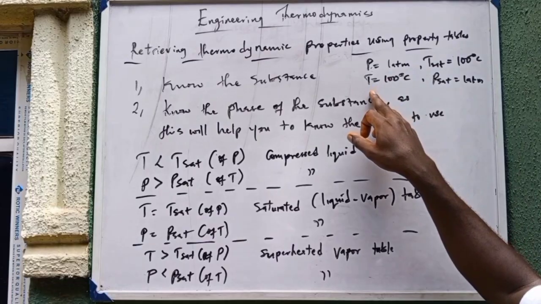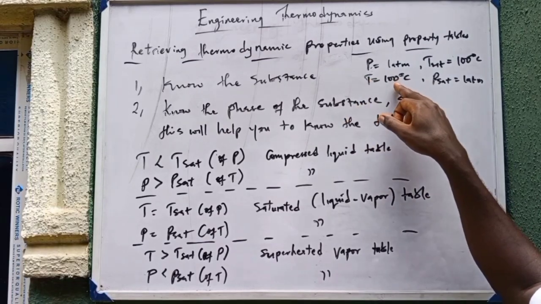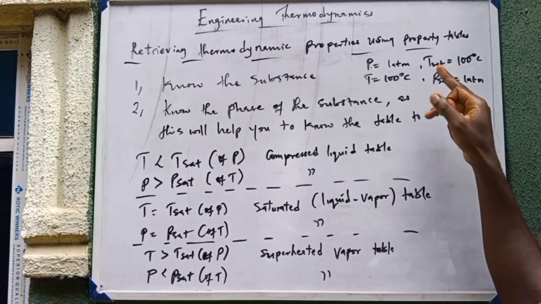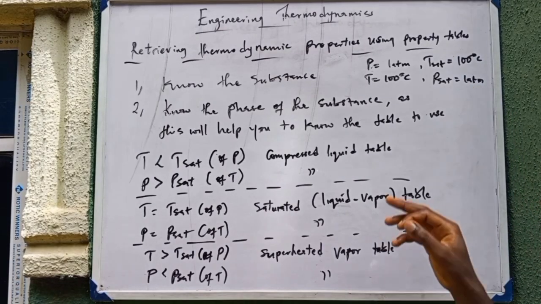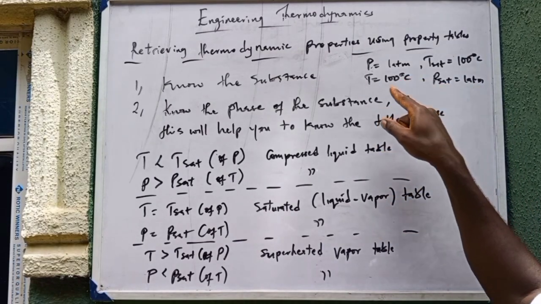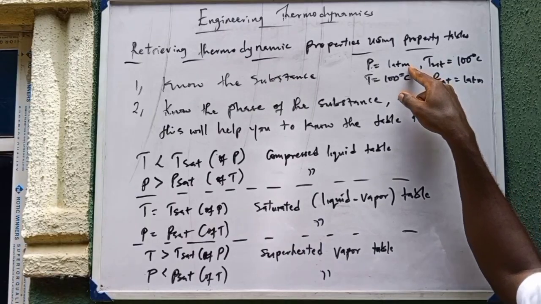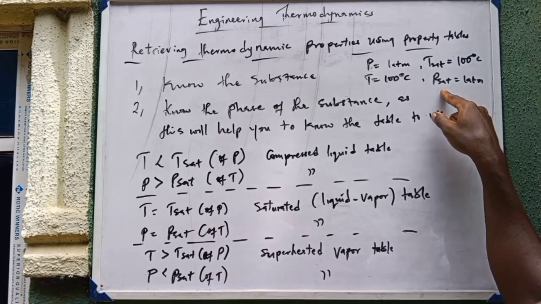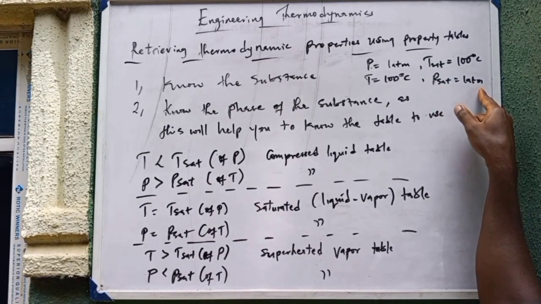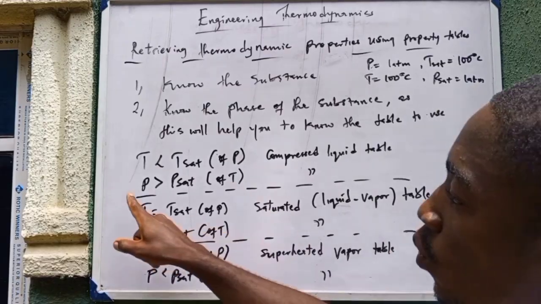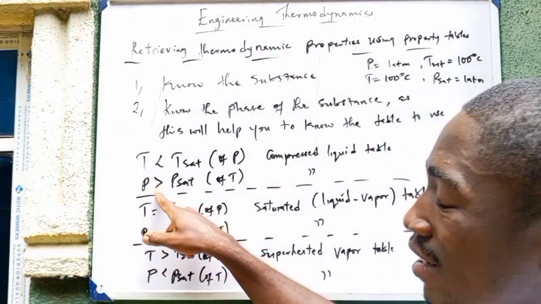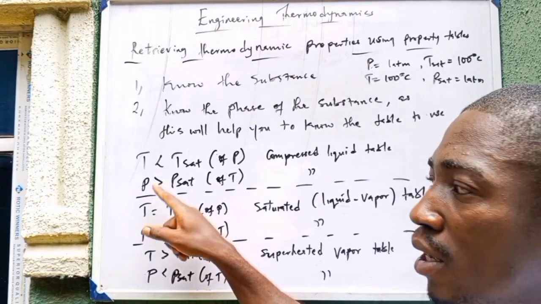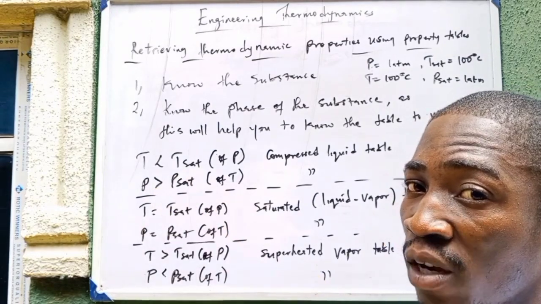The same thing applies if we fix our temperature at 100 degrees Celsius. That means our P sat will be 1 atm. So what we do is go to the liquid vapor table, look for T of 100 degrees Celsius, then check the P sat. The P sat will be 1 atm. Then we check if the pressure we are given or working with is greater than P sat. Remember our TV diagram and PV diagram.